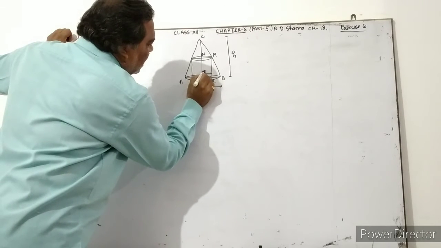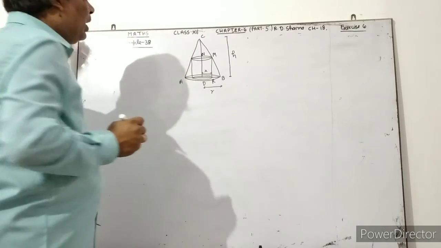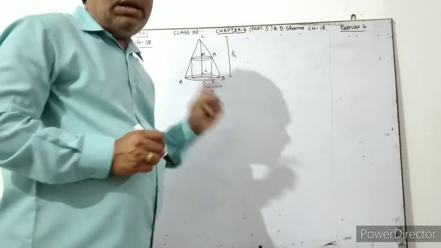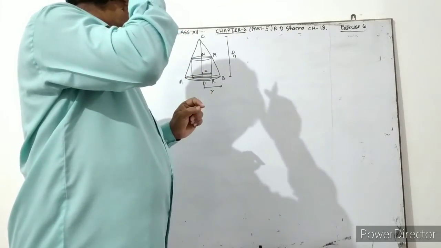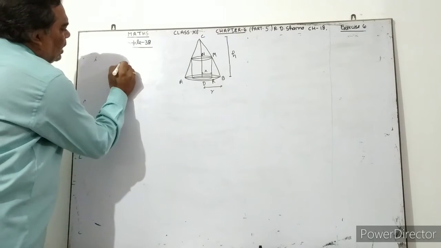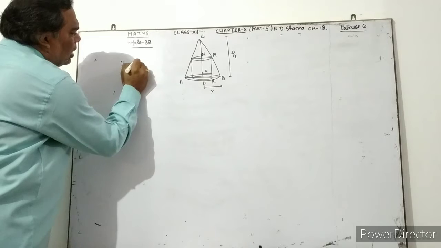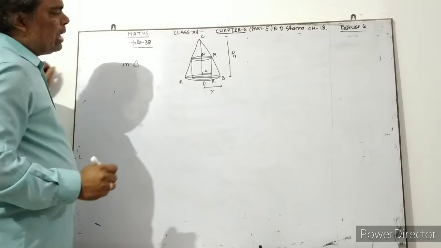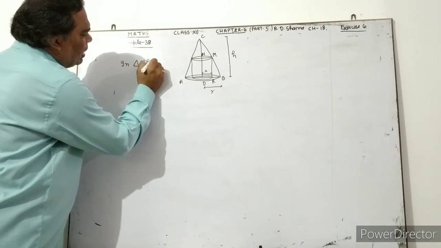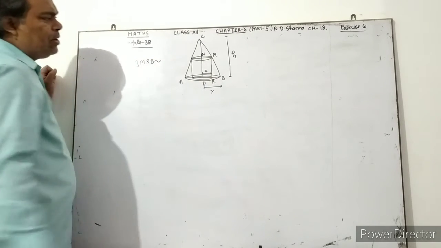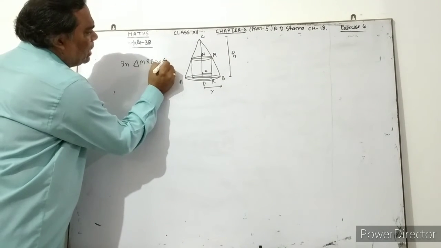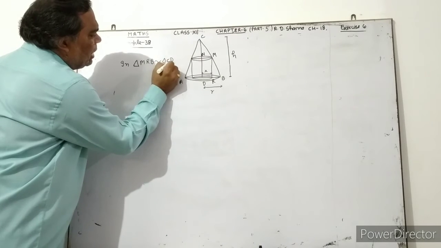What is the x? X is the radius of the cylinder. Now you see in the triangle, which triangle? Triangle MRB is similar to the triangle CBD.